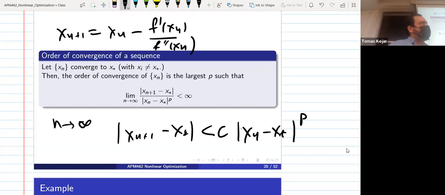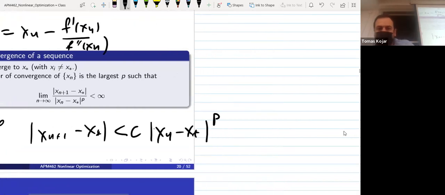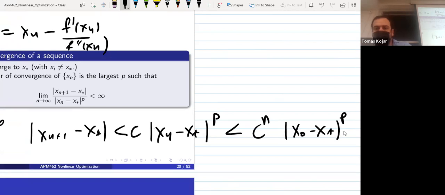Okay, and why is that cool? Because if you keep reiterating this, you get some c to the n and x0 minus x star to the p.